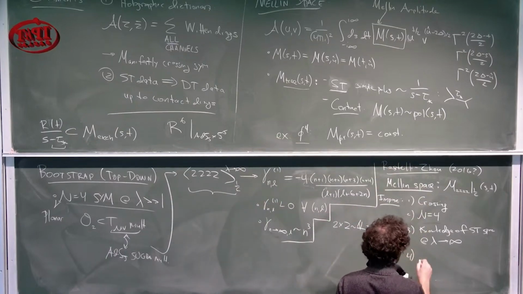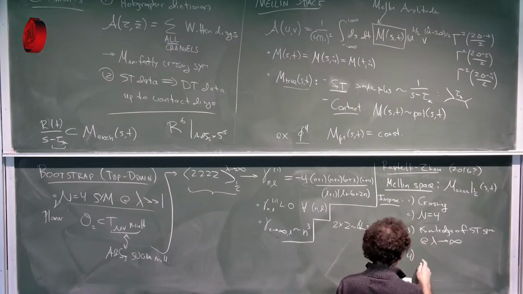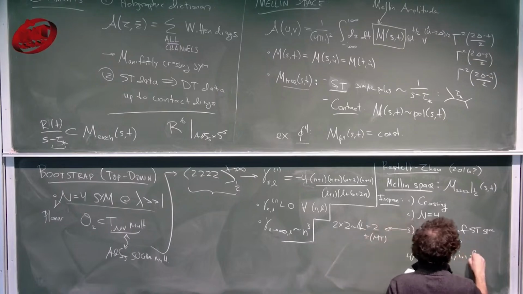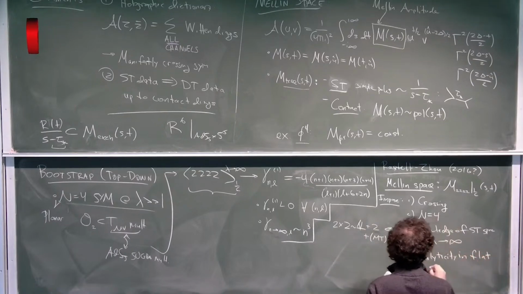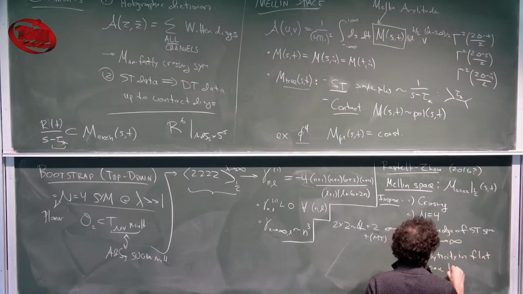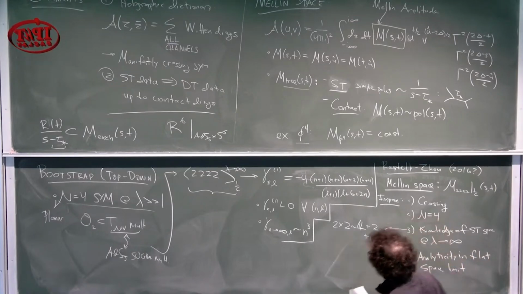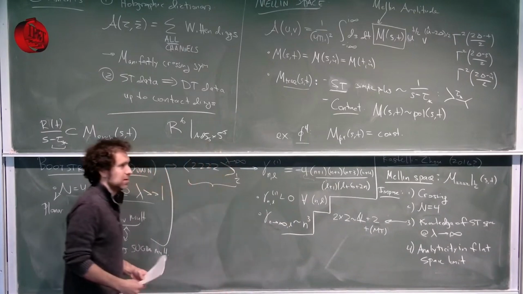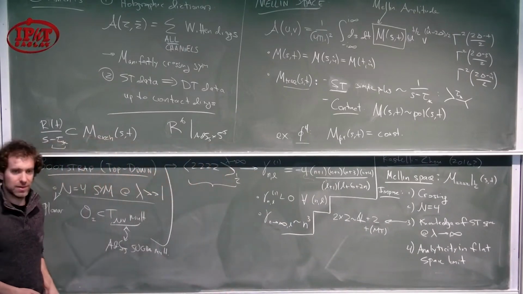And finally, and not unrelatedly to the previous point, they impose that in the flat space limit, you land on the appropriate graviton four-point function.